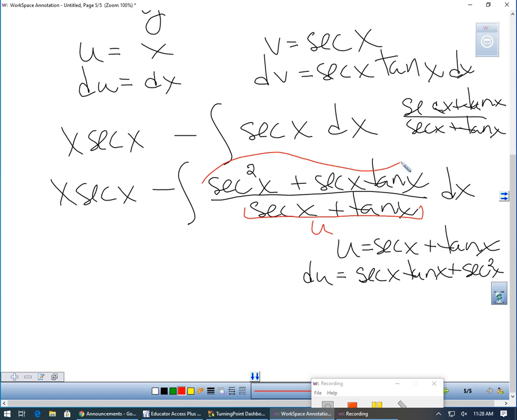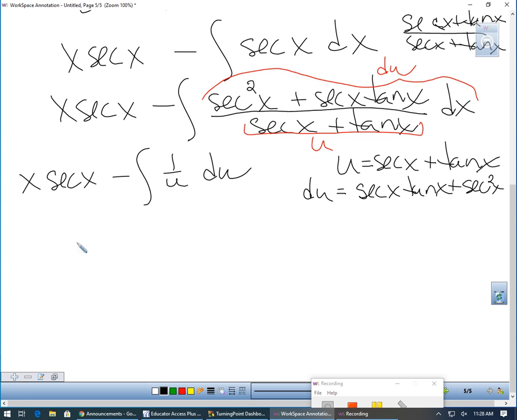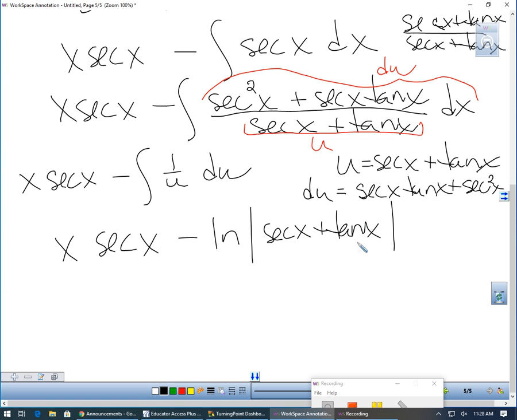This whole top is our du. So we have x secant x, minus the integral of 1 over u du. So I have x secant x, minus, what's the antiderivative of 1 over u? Natural log. And then we put the absolute values. Our u, we said, was secant x plus tangent x inside the absolute value. And what do we put at the end? Plus c.